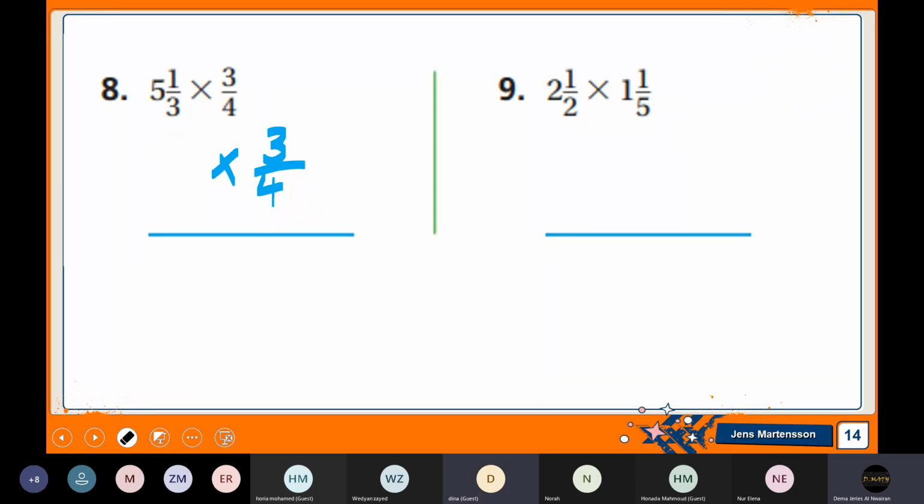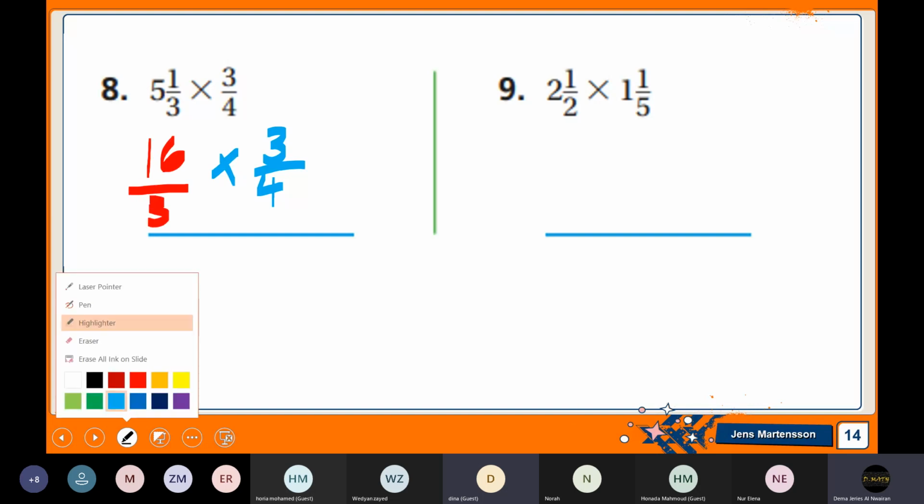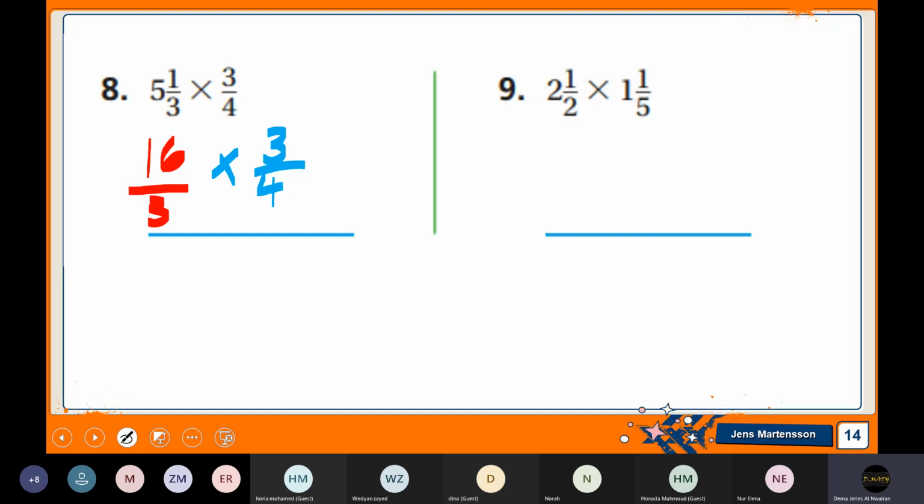We're going to multiply the 16 by 3. 16 times 3 is 48. Good job. Over 3 times 4. 3 times 4 equals 12. Good job.